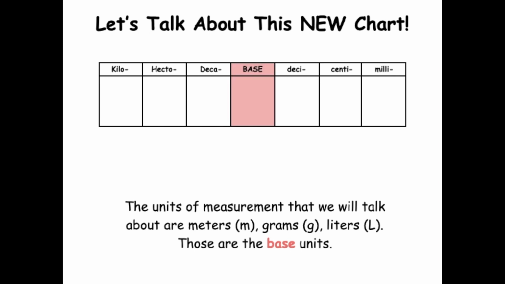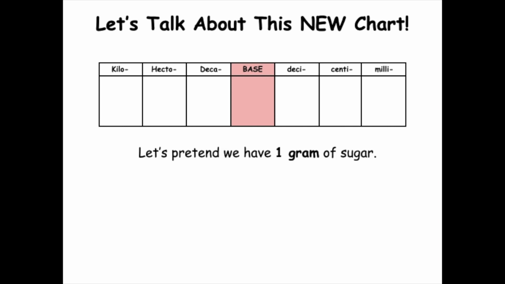So if the example that you have is 10 meters equals blank kilometers, you know that the 10 is going to go in your base spot, right? If meters, grams, and liters are our bases, they're going to be in that middle box. Now, let's pretend that we have 1 gram of sugar.